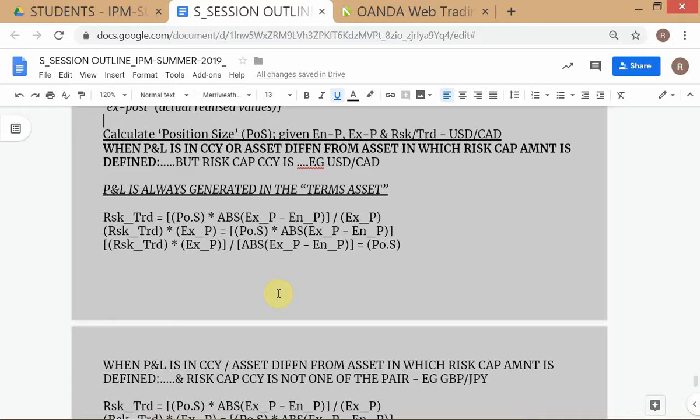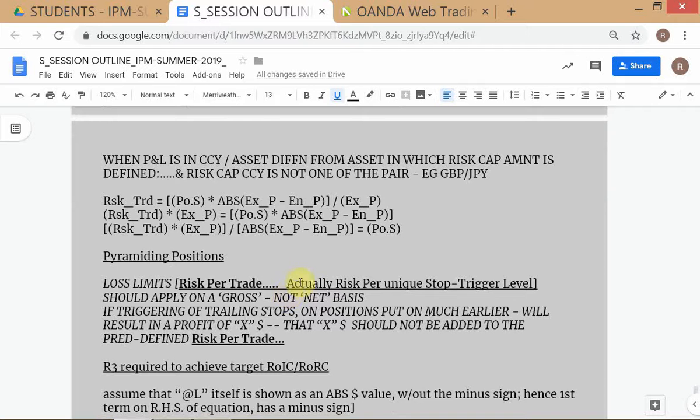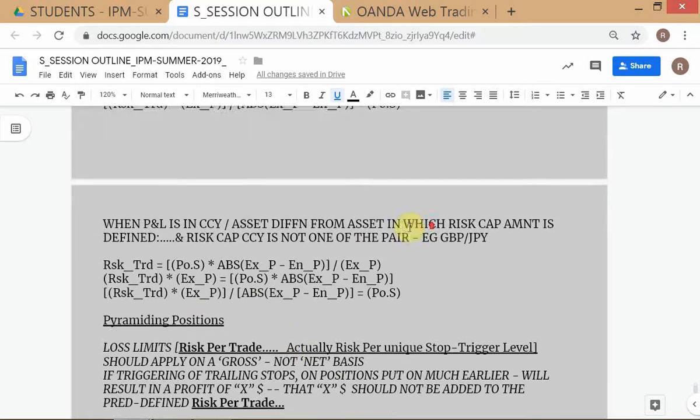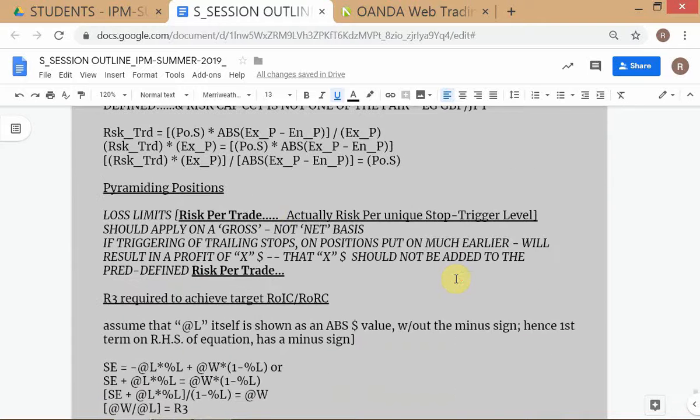Usually these will both be in currencies, because whenever you trade your P&L is in some currency or the other, and risk capital is also in some currency or the other, but we still want to use the general term of assets. So these are points I've given you with the example, you can study it on your own, we have already discussed it. Pyramiding we have already defined, that it should be on a gross basis and not on a net basis.